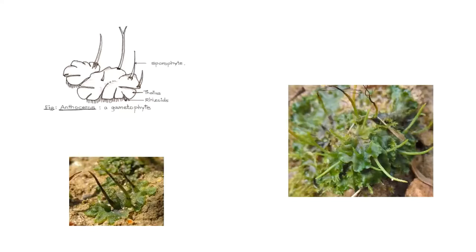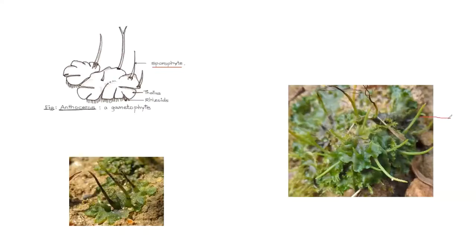And these sporophytes usually grow in clusters on the dorsal side of the gametophyte, as you can make out in this particular diagram, as well as in the photograph. These are the sporophytes which are in clusters on the dorsal surface.